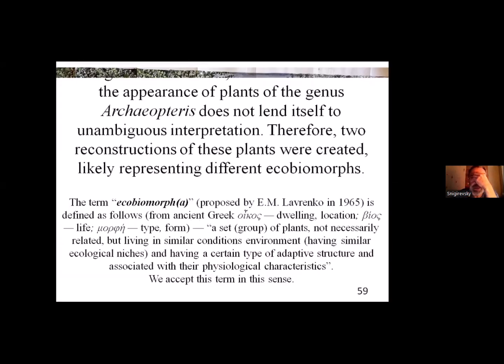But when we tried to make the reconstructions, we understood that it is impossible to create one reconstruction.